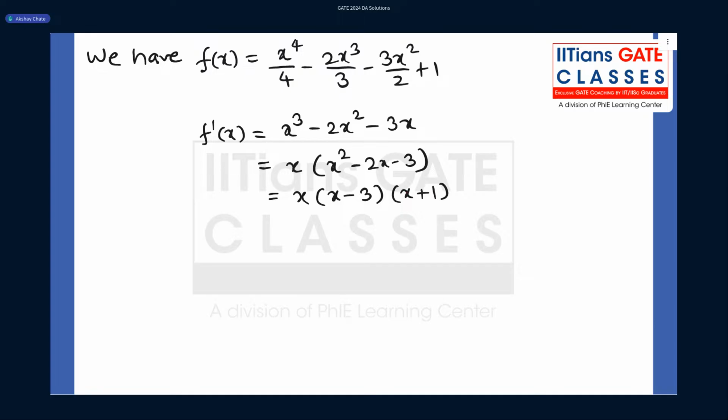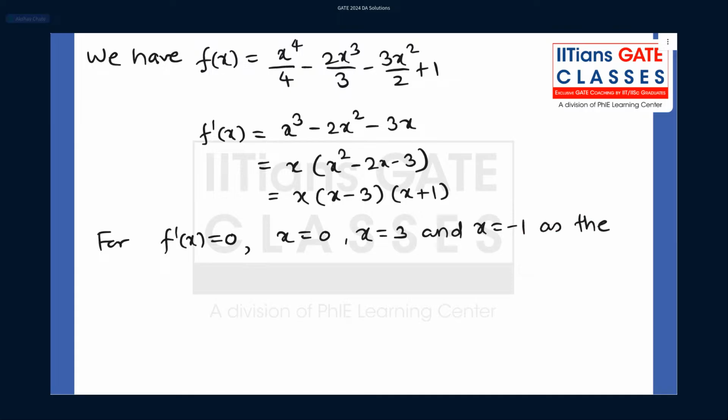So for f dash of x equal to 0, we have x equal to 0, x equal to 3, and x equal to minus 1 as the stationary points.